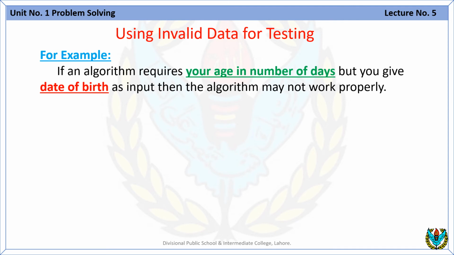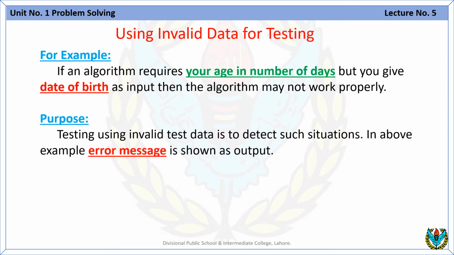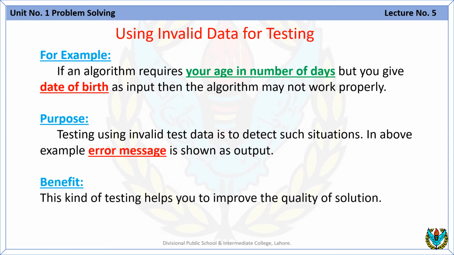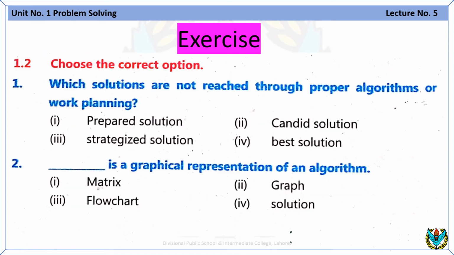The purpose of testing using invalid test data is to detect such situations. In the above example, an error message is shown as output. The benefit of using invalid data: this kind of testing helps you to improve the quality of solution.